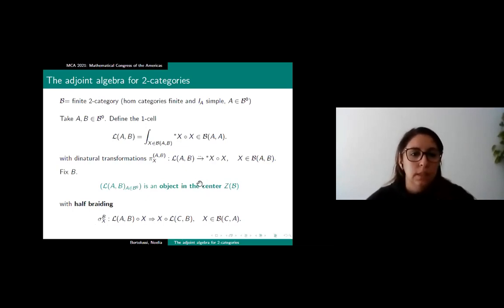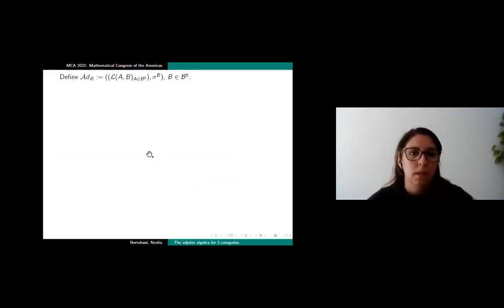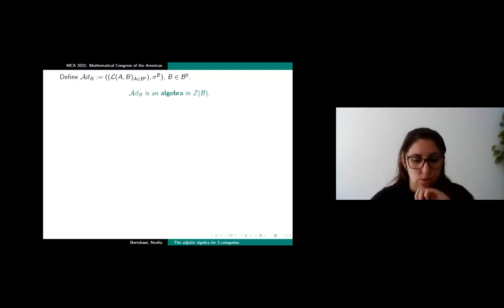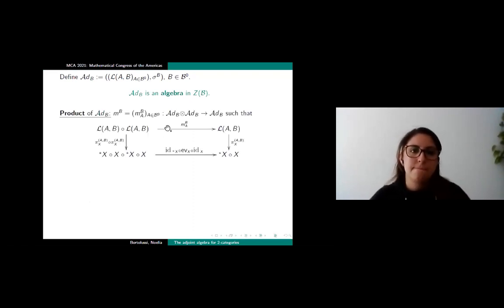And moreover, if you consider this collection together with the half braiding, and you call it ADB, then this ADB is an algebra in the center of the two categories. So the algebra structure is given as follows.